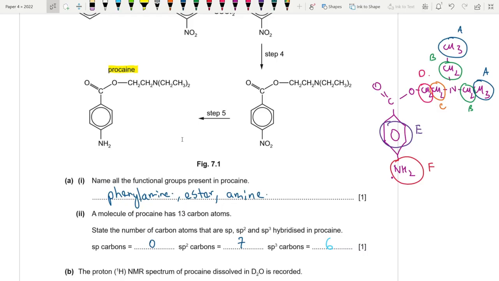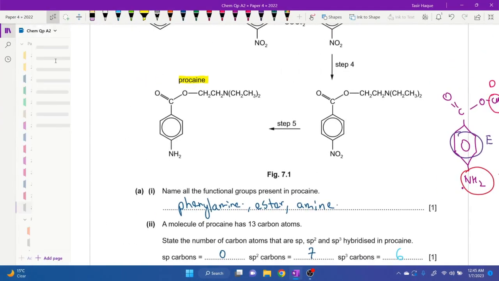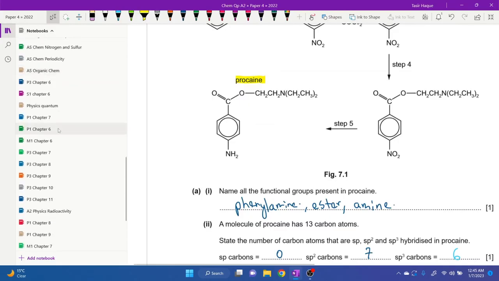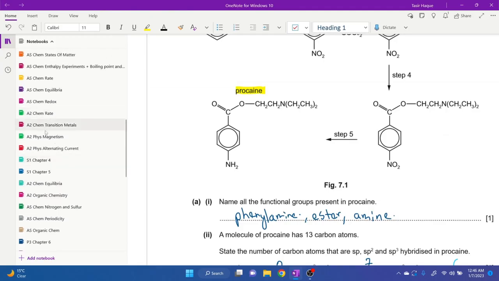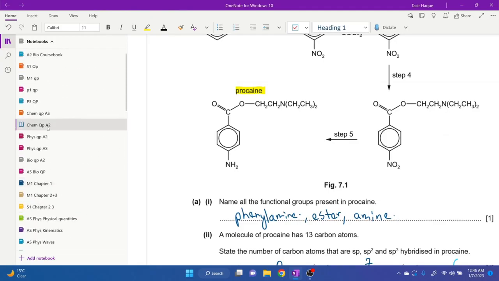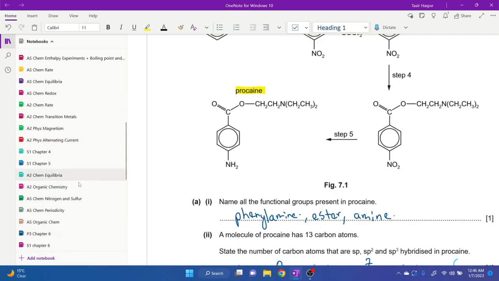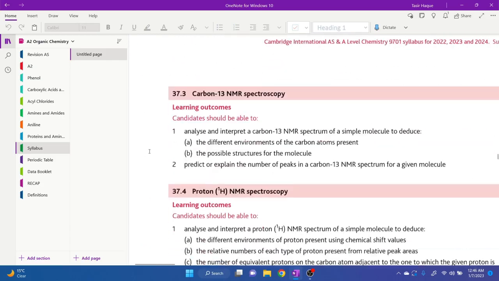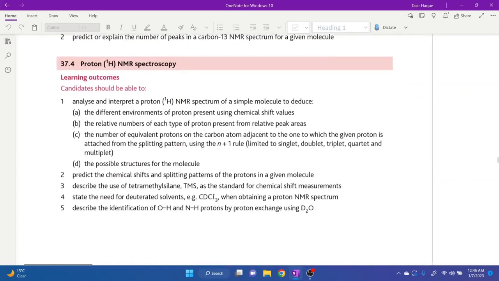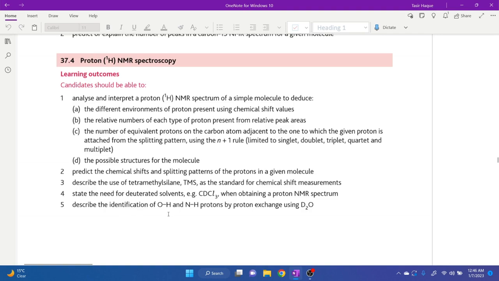About heavy water though, let me show you something from the syllabus. Where is H2 organic? I am confused about something over here. Wait up. Yeah, so: describe the identification of OH and NH protons by proton exchange using D2O.